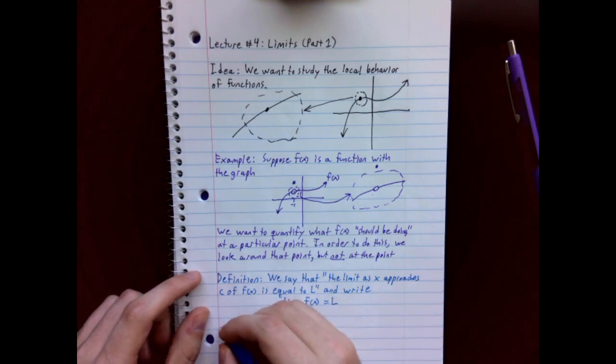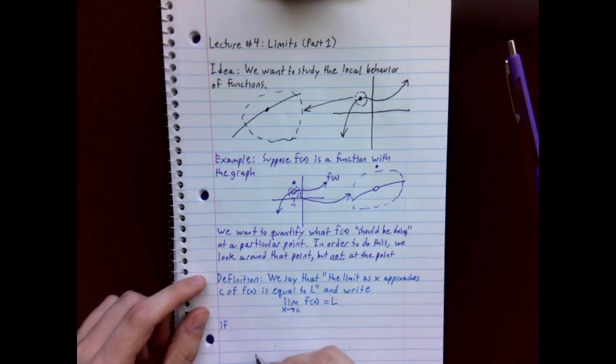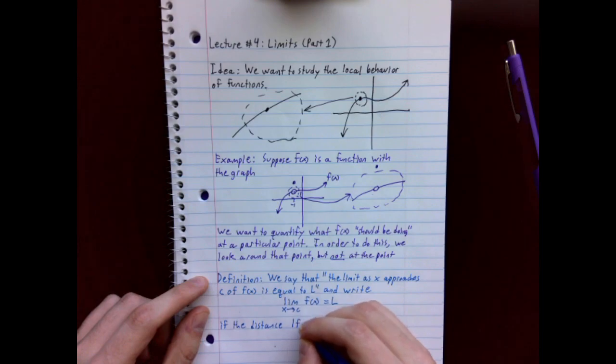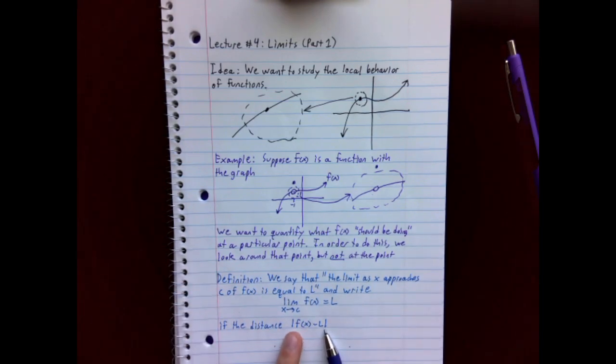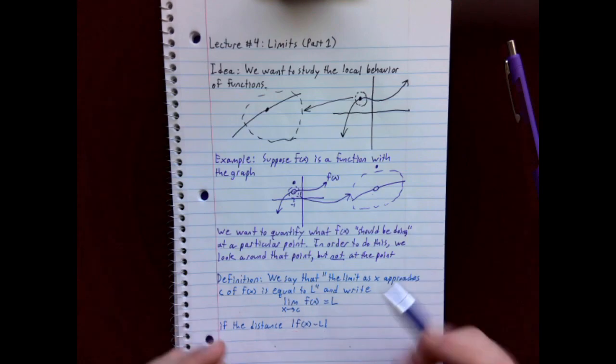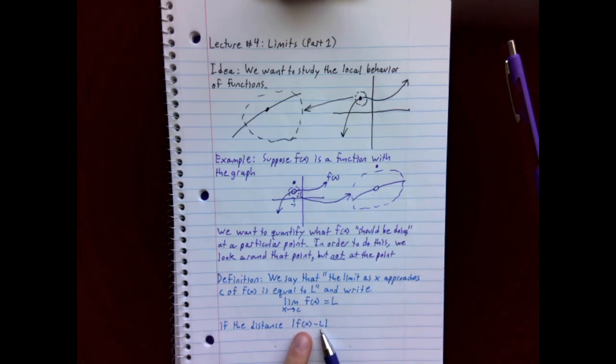So we do this if the distance, the absolute value of f of x minus L. So here we think of absolute value as if I take a difference of two things and then slap absolute values around it, what I'm really measuring is the distance between these two numbers.